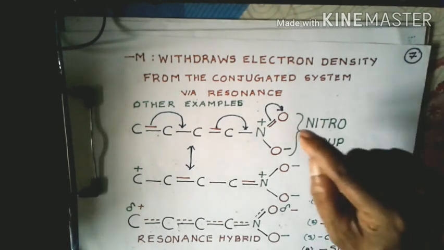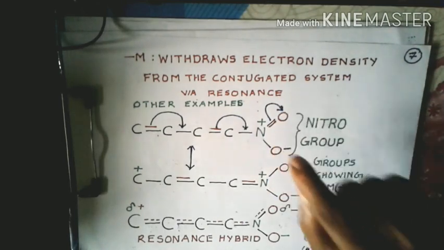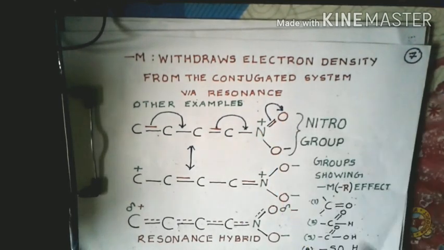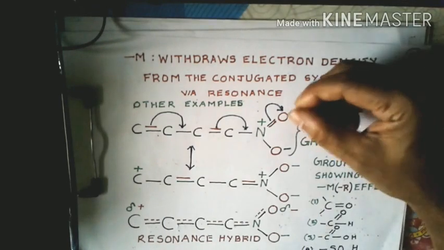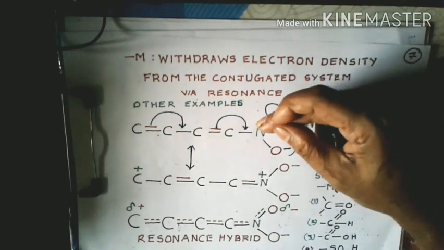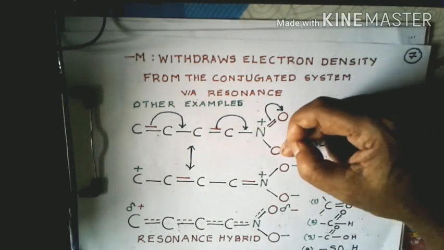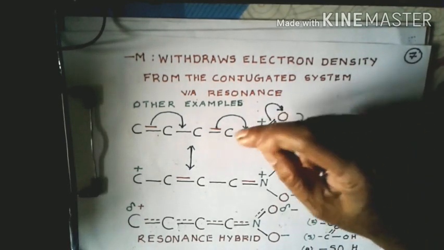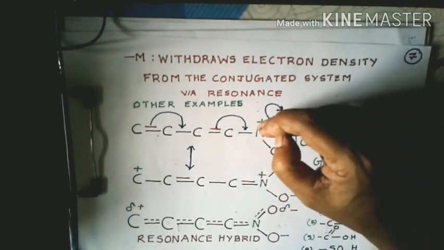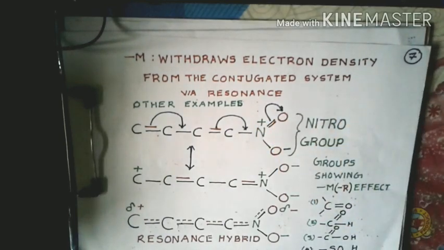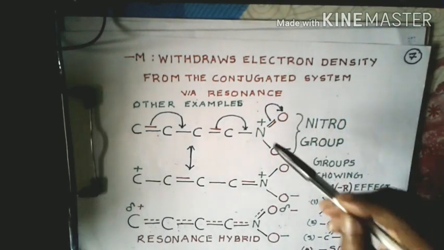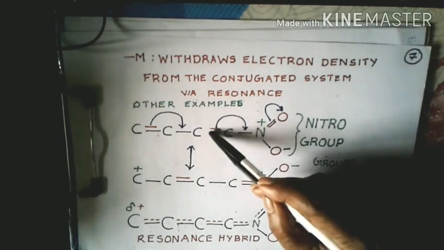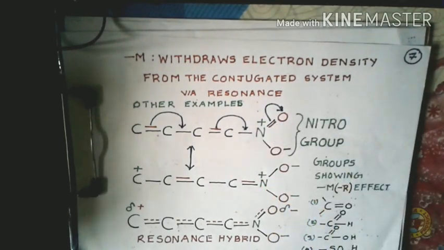Now one example is that of nitro group, which is NO2, and this nitro group has a positive charge over nitrogen, negative charge over oxygen, and this positive charge is alternate to this pi bond, so positive charge we say is conjugated, and again the pi bond here is alternate to this pi bond, so pi bond is also conjugated with the system, so extended conjugation we say.